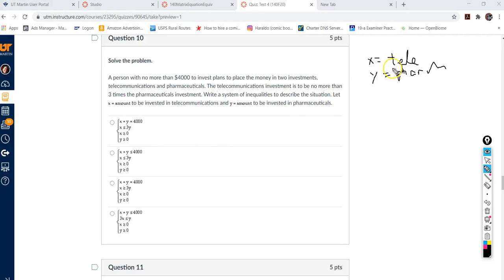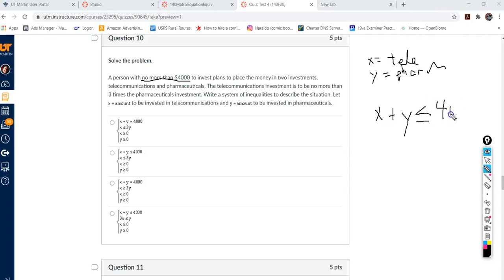So X is going to be how much you invest in telecommunications, and Y is going to be how much you invest in pharmaceuticals. A person with no more than $4,000 to invest. So you have to make an inequality out of that. So the money I have for telecommunication plus the money I have for pharmaceuticals cannot be more than $4,000.